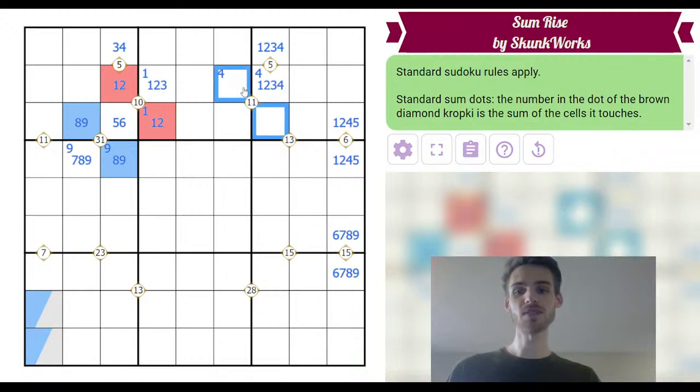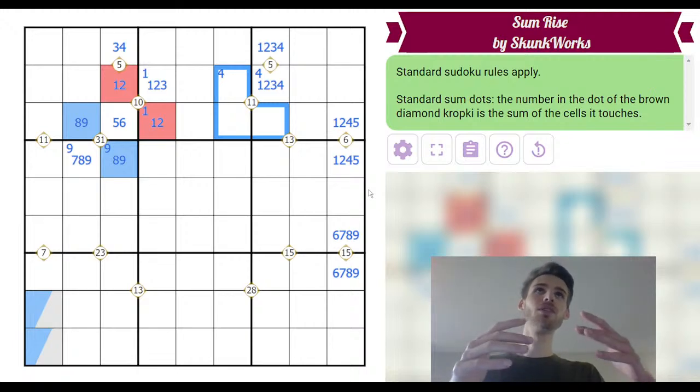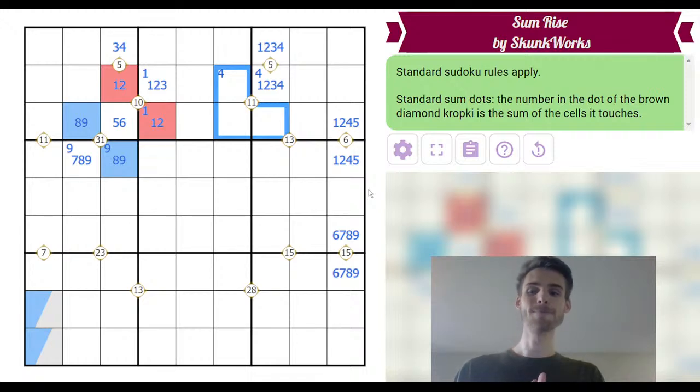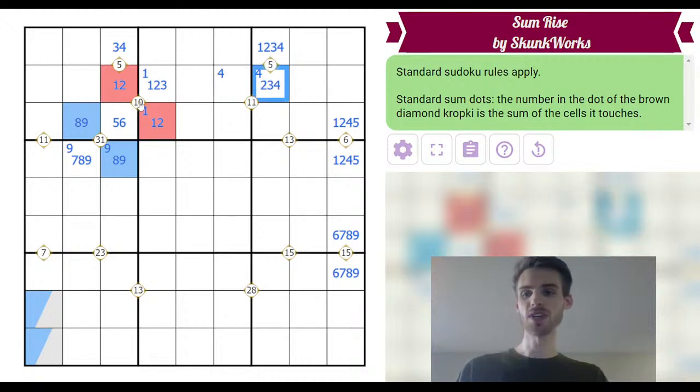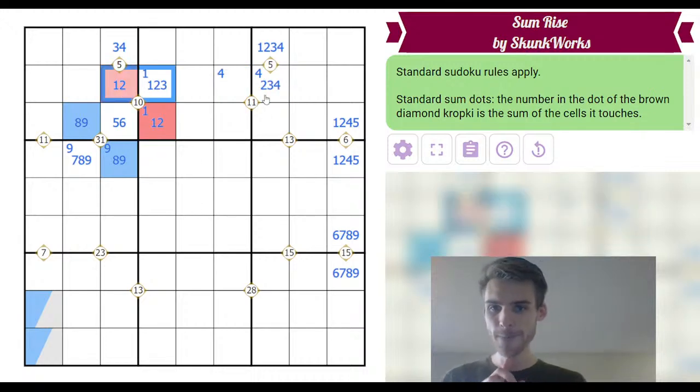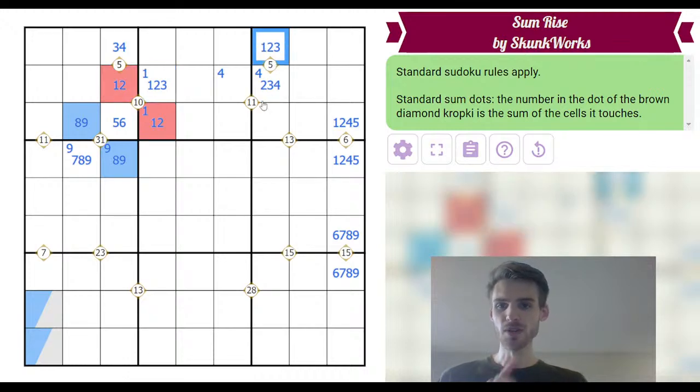So the other 3 cells have to add up to 7, which is either double 2, 3, or it's 1, double 3. This cell's number 1 because there's a 1 in one of these two cells. So this one's number 4.